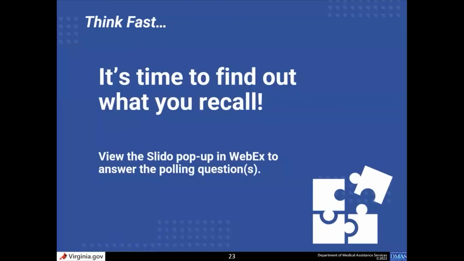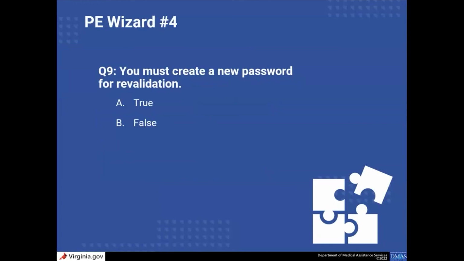So we've got 2 additional questions based on the section we just went over. Our first question, you must create a new password for revalidation. Is this true or false? The correct answer is false. One of the two revalidation notifications will include the password.